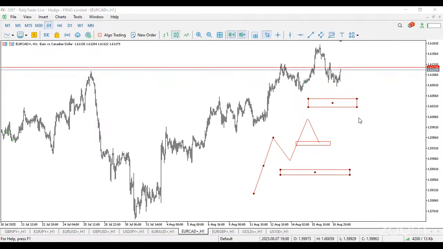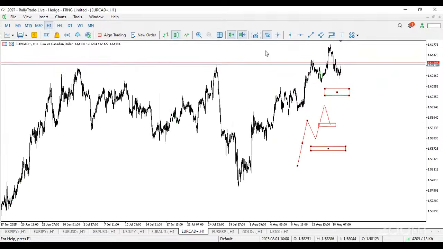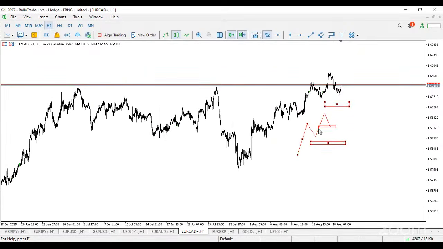All right. So EuroCAD, you can see a very fantastic opportunity to buy at the moment, around here. Then easily use this level here as our stop, and the top here as our TP.